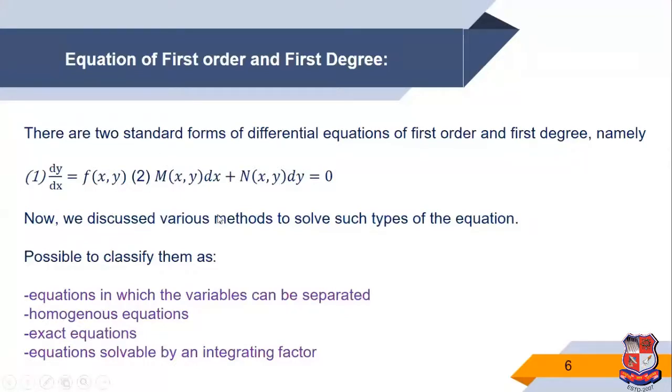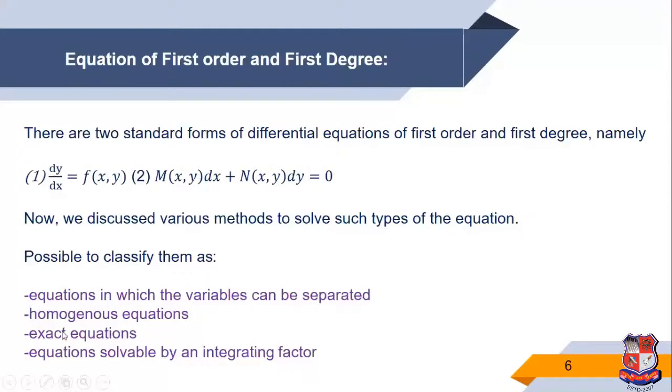Now we discuss various methods to solve this type of equation, that means the solution of a first order and first degree ordinary differential equation. It is possible to classify them. First is the separable variable method. Second is the homogeneous type of equation.